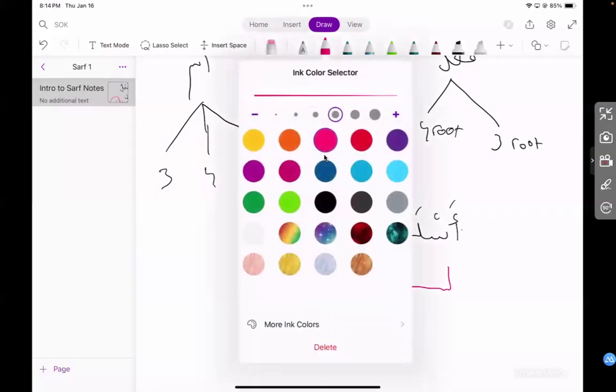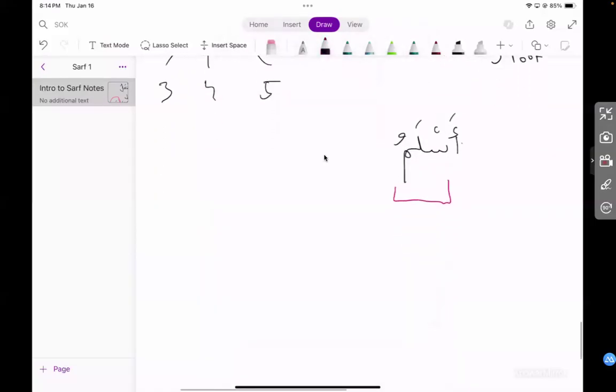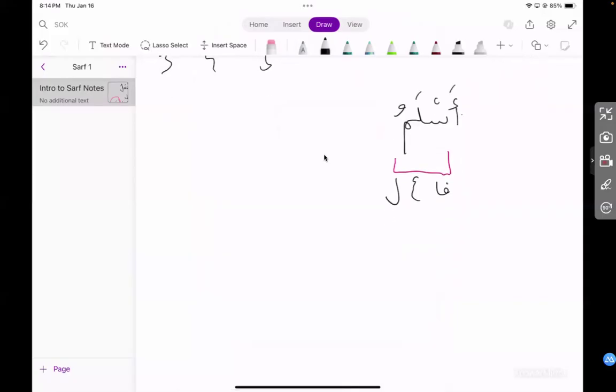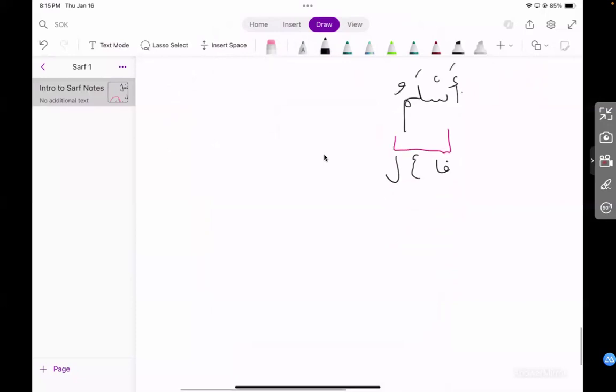We labeled these respectively the fa'ul kalima, ainul kalima, and lamul kalima. This should be pretty fresh in everybody's minds. We used this structure to help us pinpoint which letter is in which position of a specific fi'l.